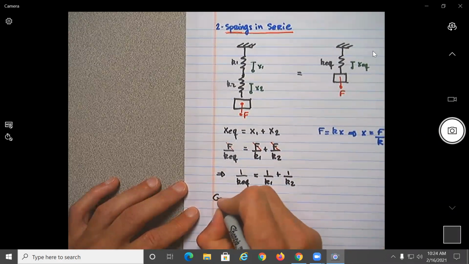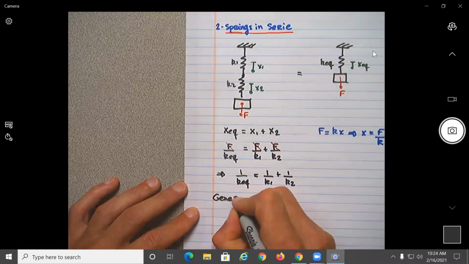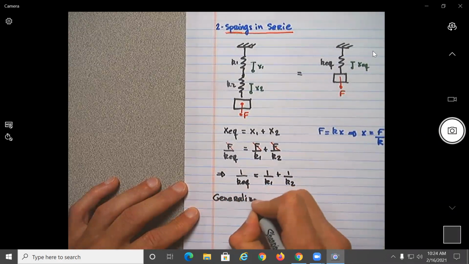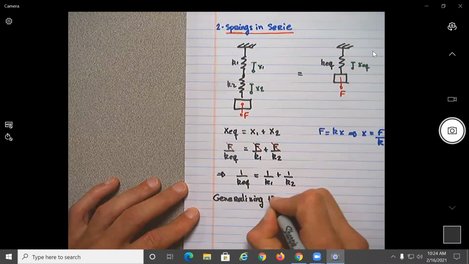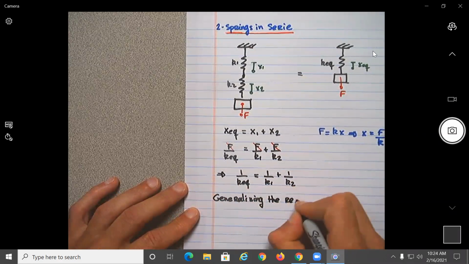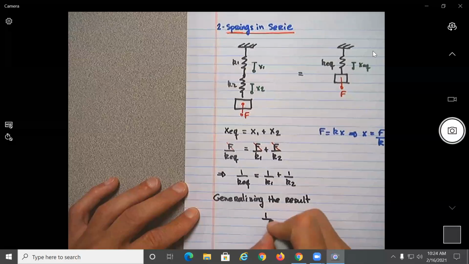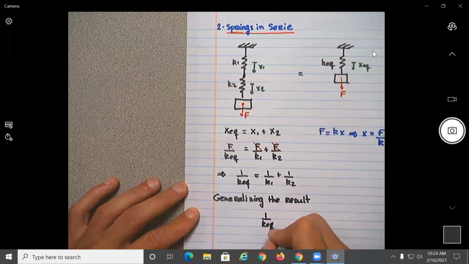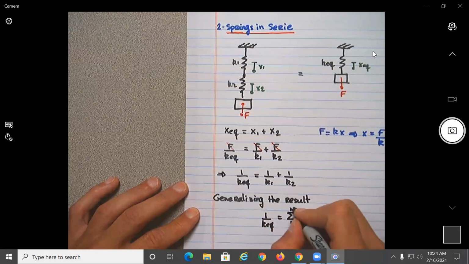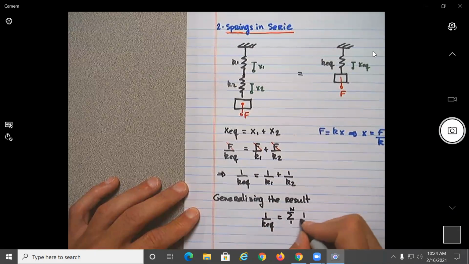And again, generalizing the result, we have that 1 over K equivalent will be equal to the summation from 1 to n of 1 over K sub n.